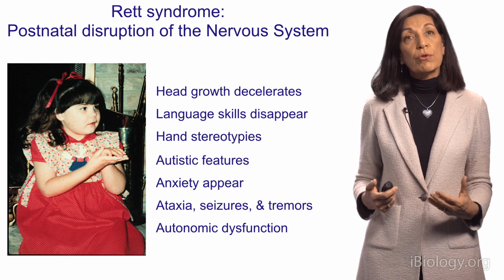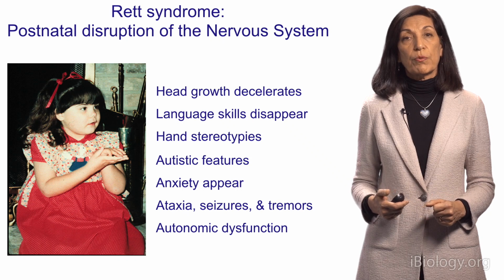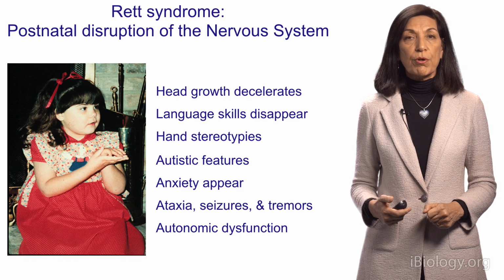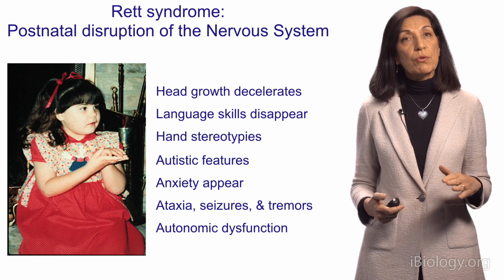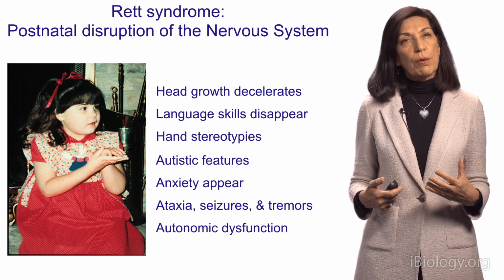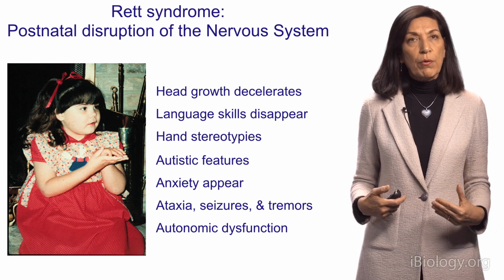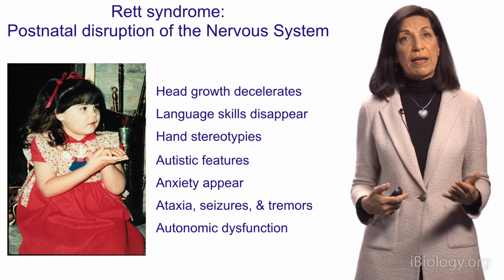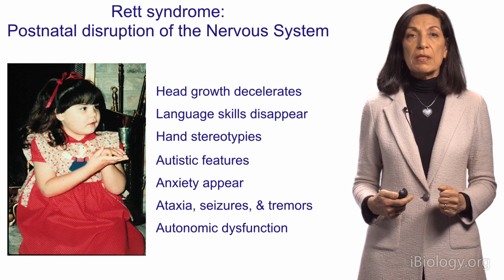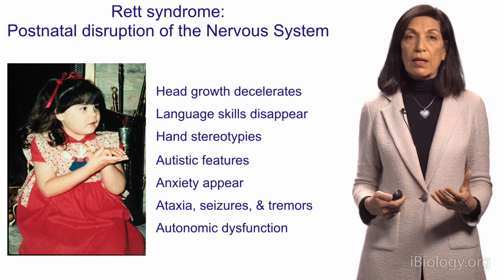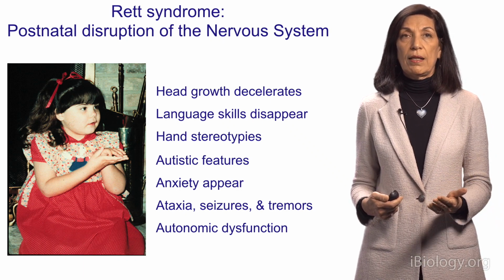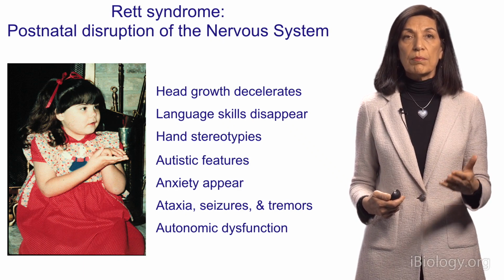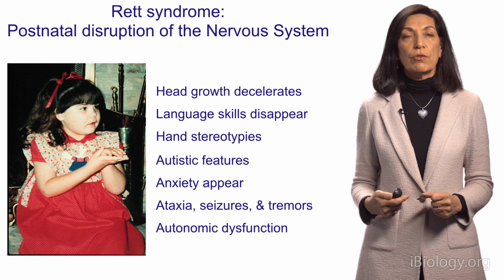And she had the withdrawn social behavior as typical of children with autism, and then she had anxiety, and with time, coordination problems and seizures and tremors, which is shaking, and a lot of autonomic problems such as bowel problems, constipation, and breathing problems, breathe too fast or breathe too slow. So that was Ashley, and when I saw her, I was really struck by the fact that she was normal for a while, but then she lost all these skills and had the features of autism plus these other features that constitute this syndrome.